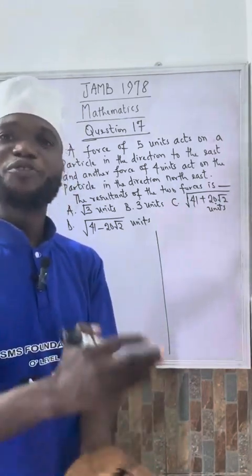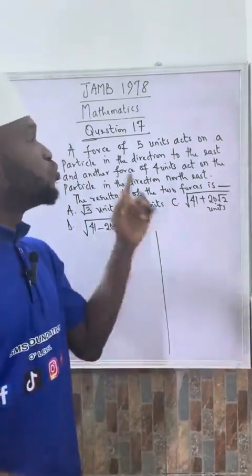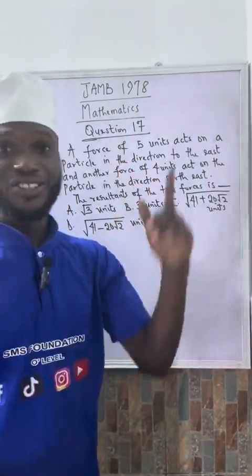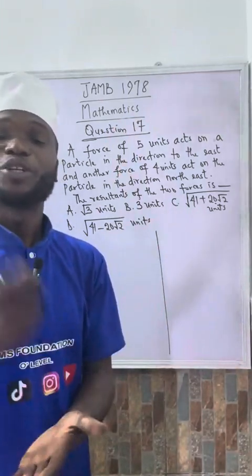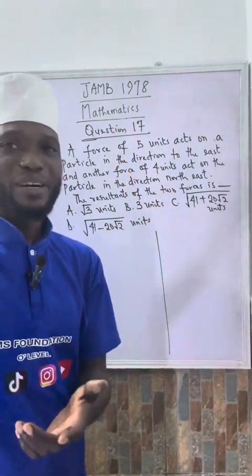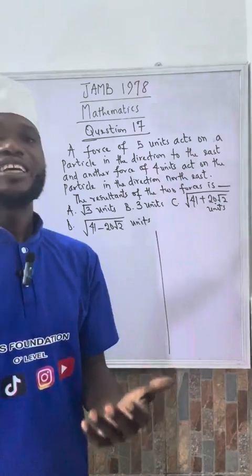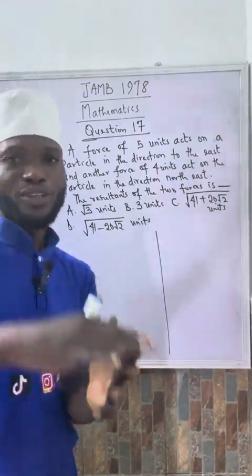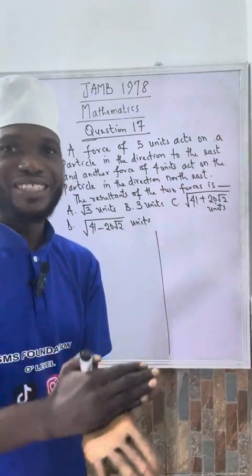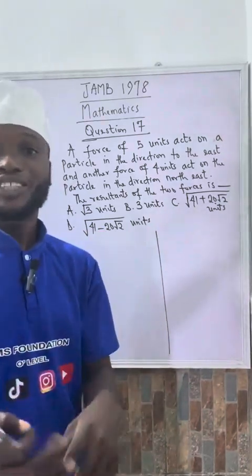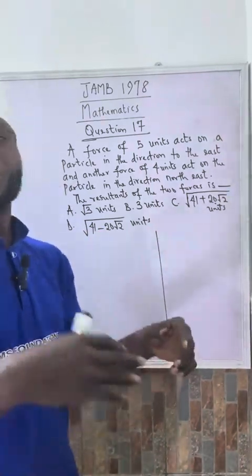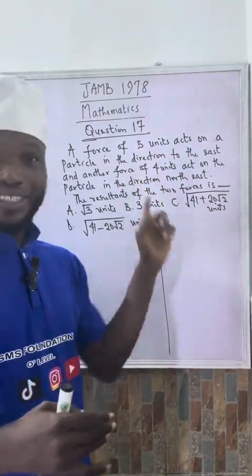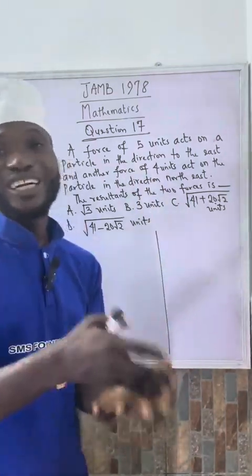Don't be running away from further maths. If you want to do well in your JAMB, you have to have a taste of further maths, because nowadays a lot of topics in further maths, like binary operation, matrices and determinant, and vectors, are now in ordinary mathematics.